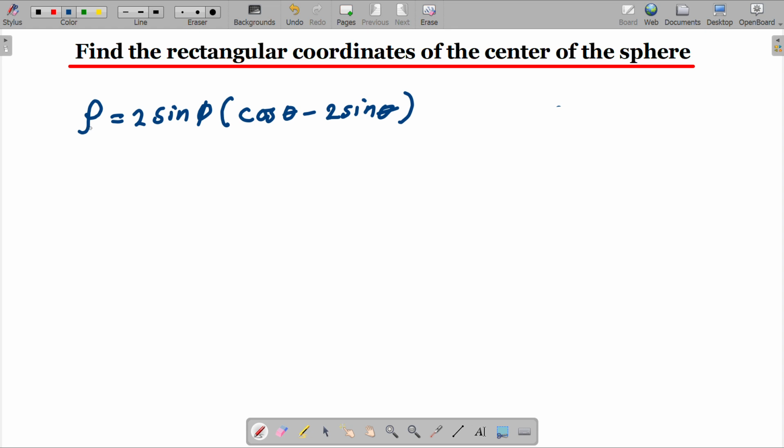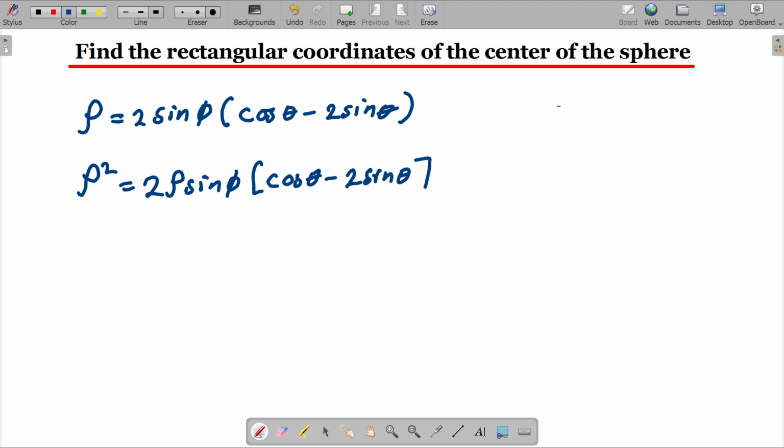Multiply this side by rho and multiply the other side by rho as well. So this is just going to be rho squared equals 2 rho sine phi, open bracket, cos theta minus 2 sine theta. Okay, so what do we have now? Let me expand the other side.